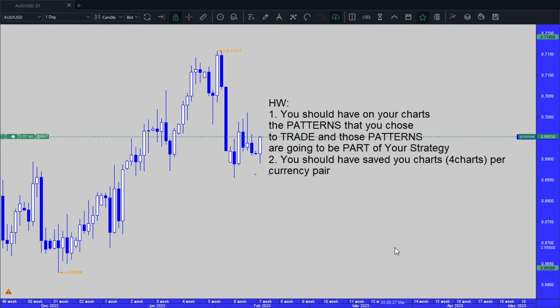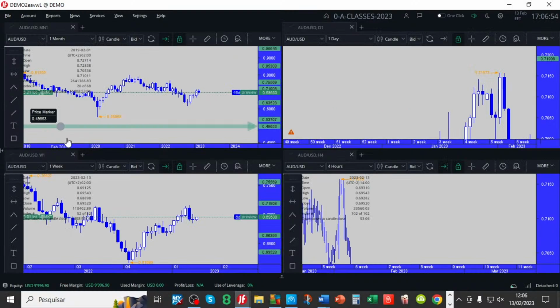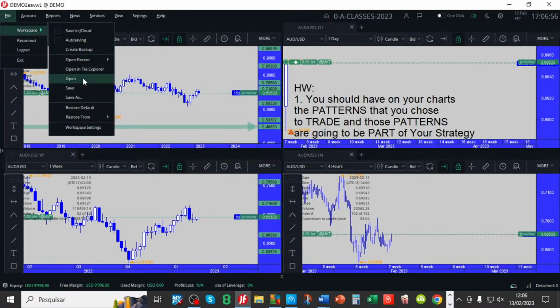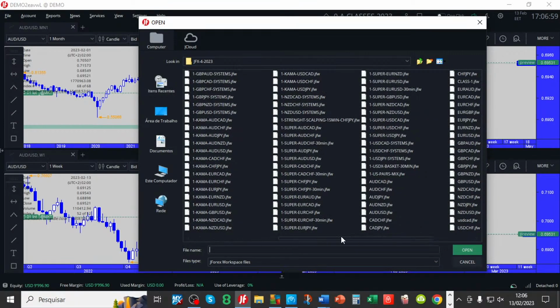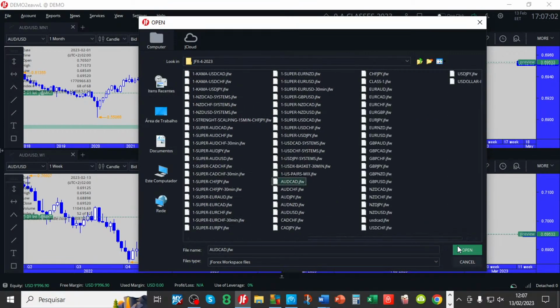Everybody type in the chat, do you have number 1 and or number 2? You should have on your charts the patterns that you chose to trade, and those patterns are going to be part of your strategy. And number 2, you should have saved your charts per currency pair. Boss, what does this mean? This means that you can go on JForex4, and if you click AUD-CAD, it's going to open the 4 charts.